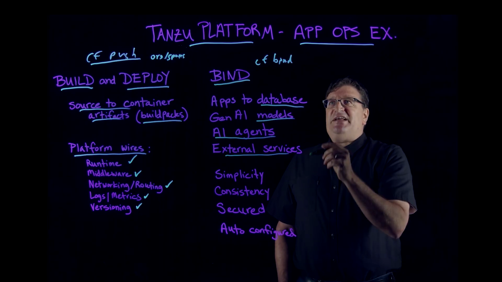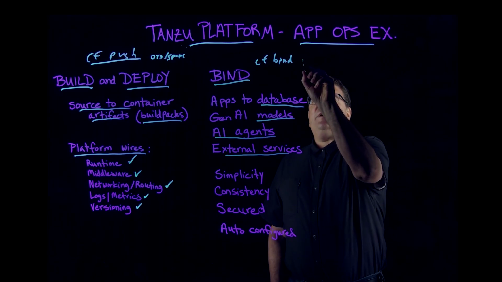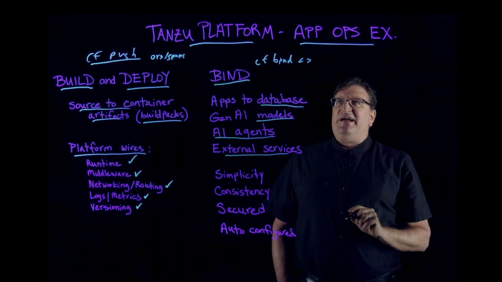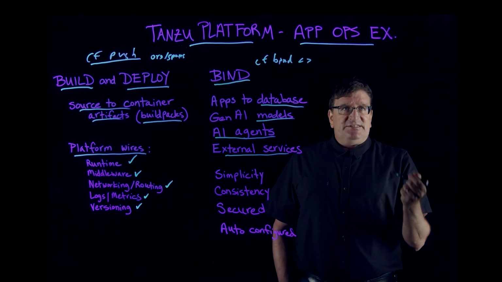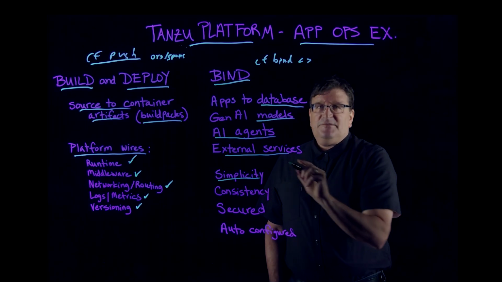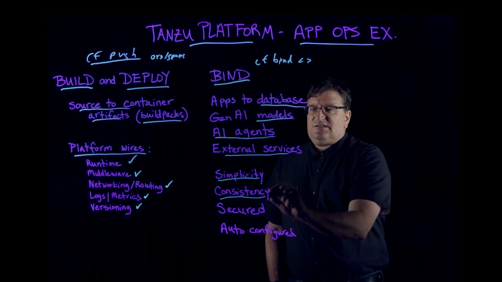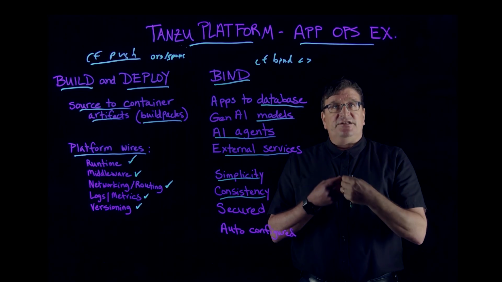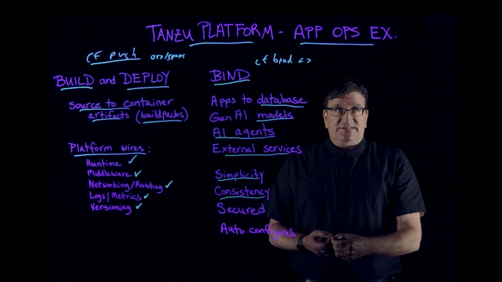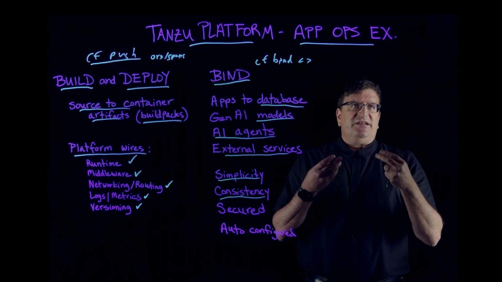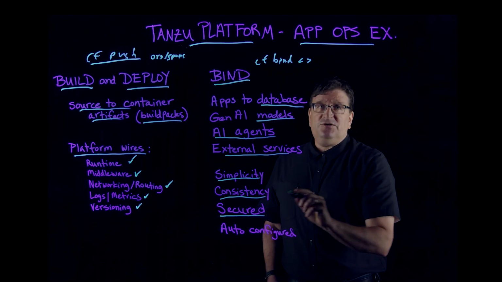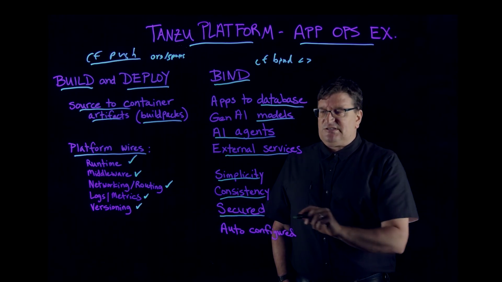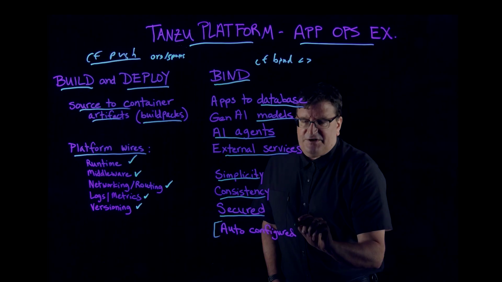Regardless of what you're binding to, the cf bind command just needs the name of my app and the name of my service, and the binding operation itself is very simple, very consistent, so the credentials are injected at runtime into the application itself. You never specify a specific IP address for your database. It's also very secure, so you can rotate those credentials, and everything is auto-configured for you.